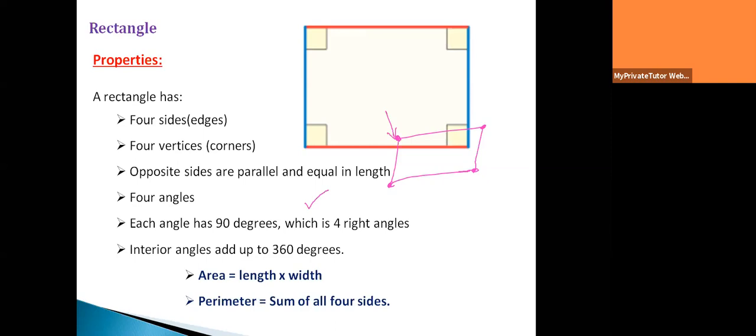The interior angles add up to 360 because it's a quadrilateral; obviously all the interior angles add up to 360 for all quadrilaterals. Have a look at the area formula and the perimeter formula. We have a separate formula for perimeter, but I just mentioned the sum of sides.